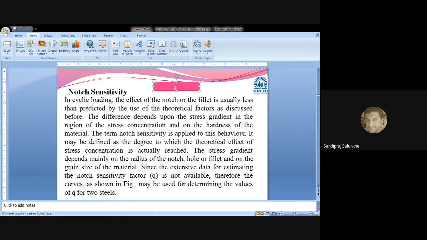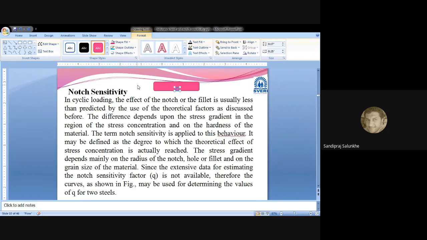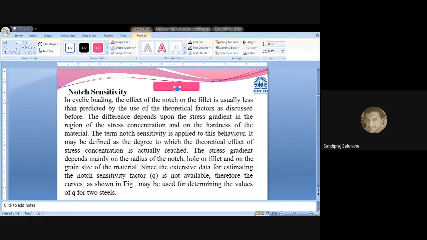If suppose we are going to make this type of notch, we'll change the color for that. This type of notch to the one side, and if suppose this component is circular, it will create this notch all over the surface, on the periphery of that.